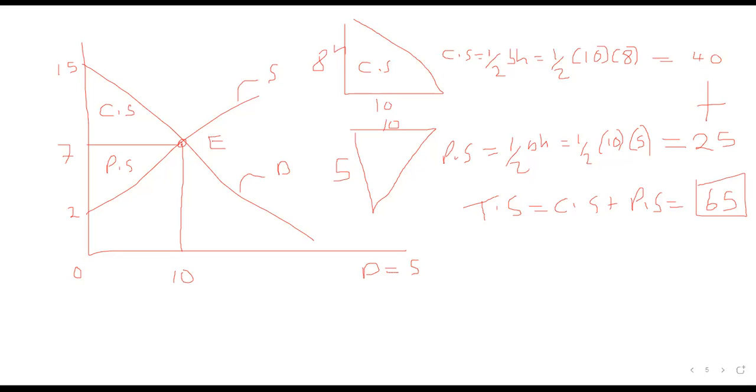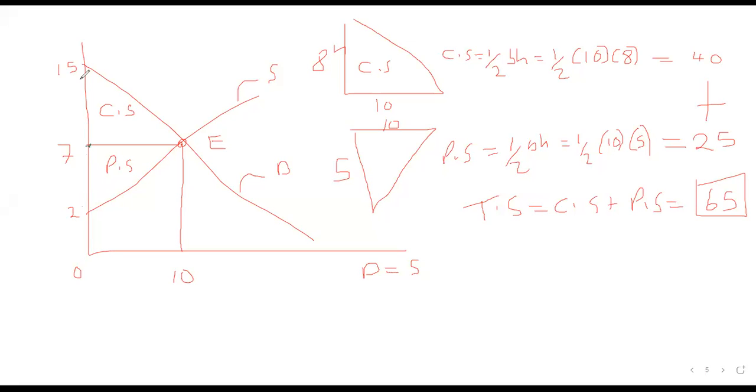So what is producer surplus and what is consumer surplus? When you're talking about producer surplus, this is the amount below which a producer can sell. So we're talking about an equilibrium at 7, and the producer is willing to sell at 2.